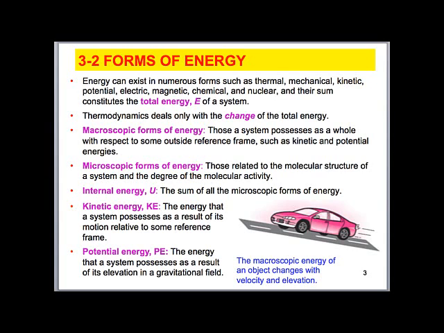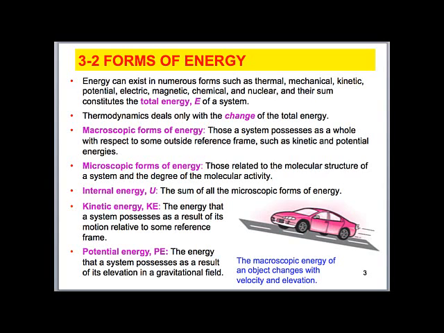Now, what types of energy are we going to be considering? When we talk about the energy in a system, we're going to be first considering only macroscopic. Remember, we're talking about classical thermodynamics here, so we're talking about macroscopic scale. We're going to also consider some microscopic forms of energy, some of the energies related to the molecular structure, which we're going to encompass in this variable called internal energy.